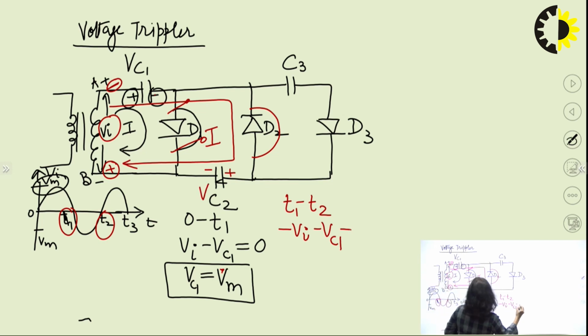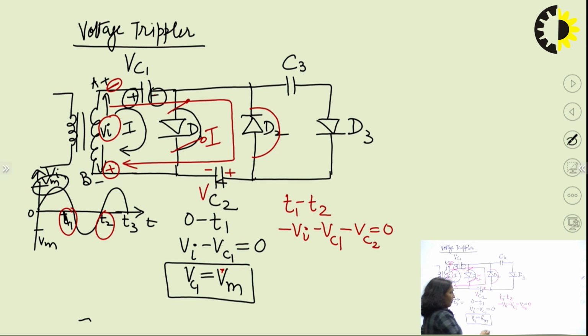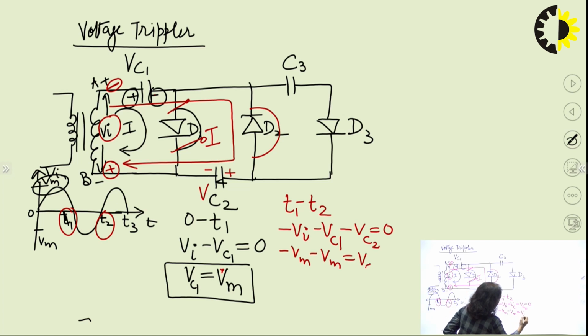So, minus Vc2 is equal to 0. Keeping values here, minus of Vm minus Vm is equal to Vc2. So, Vc2 is nothing but minus of 2Vm.